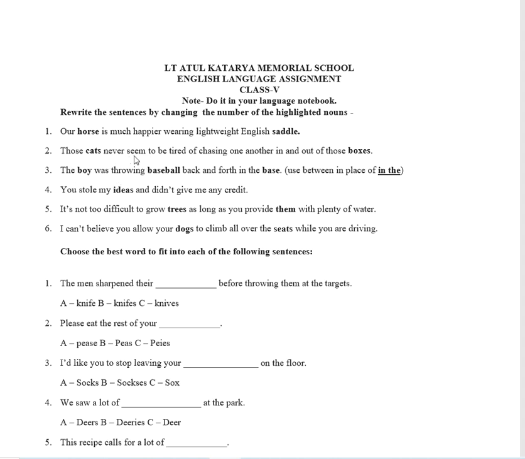Never seem. So see the verb seem, it is used as per the plural noun those cats. Seem. With singular what will it be? Seems. So those cats is plural. Many cats never seem to be tired of chasing one another in and out of those boxes.